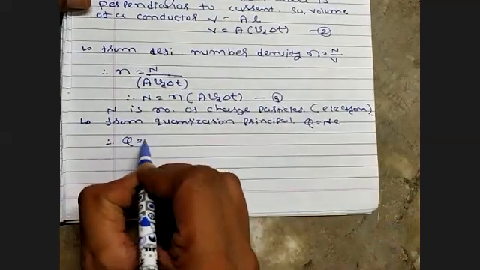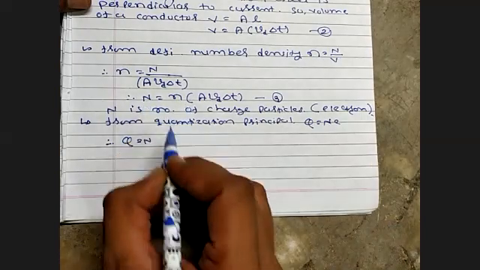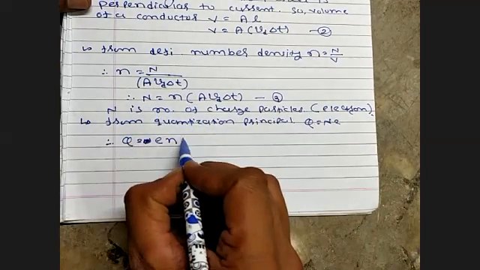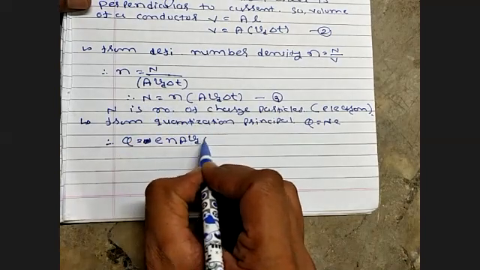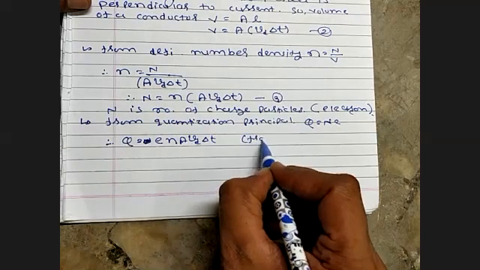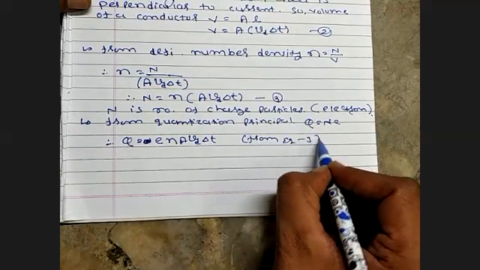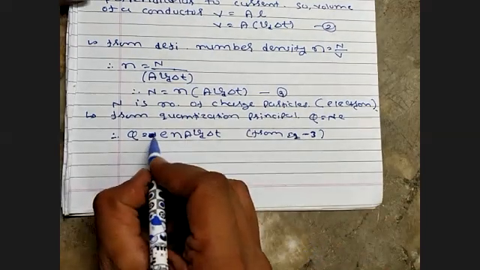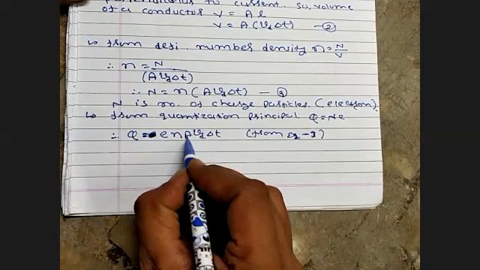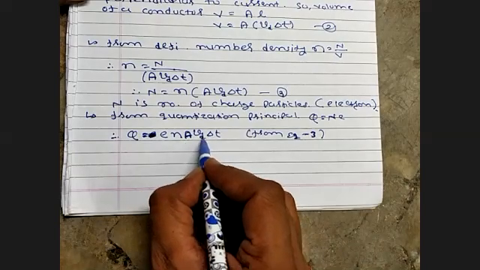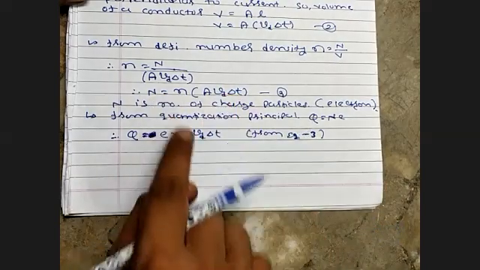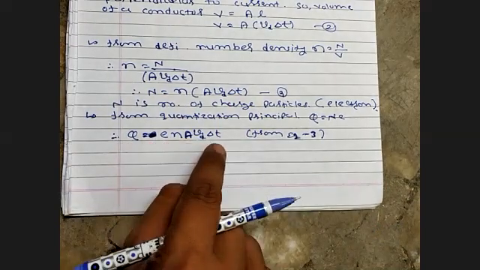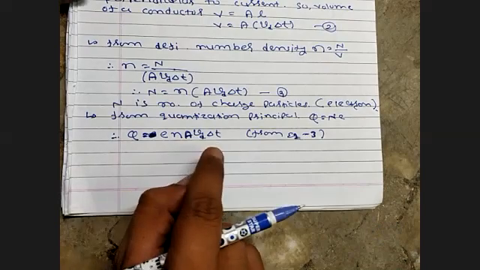So now Q is equal to capital N times E, and from equation number 3, the value of capital N is n A Vd delta T. So Q is equal to n E A Vd delta T. You see, that is the charge.